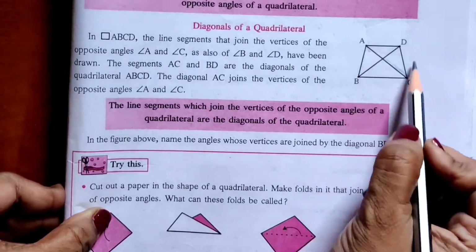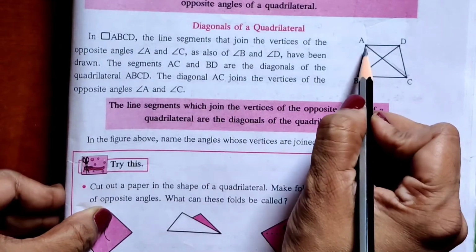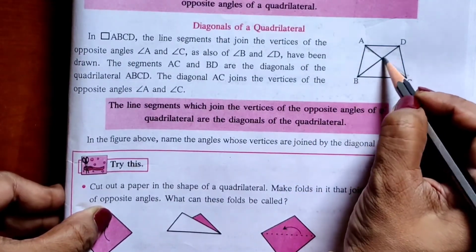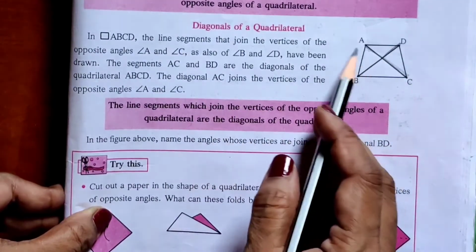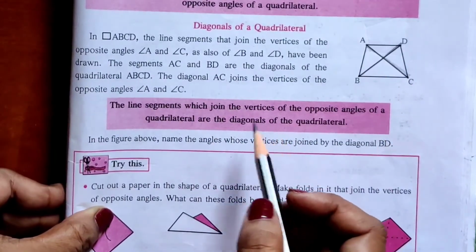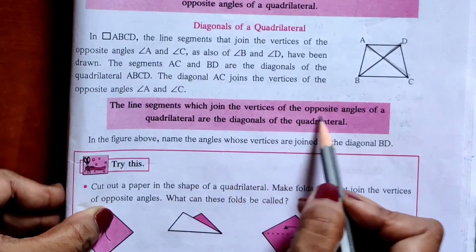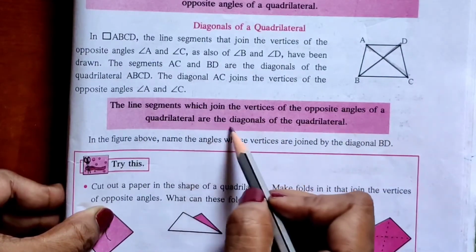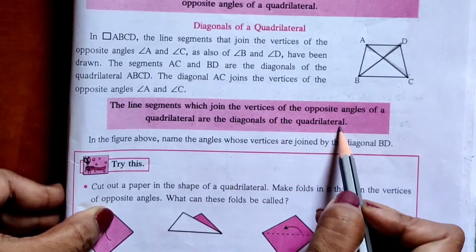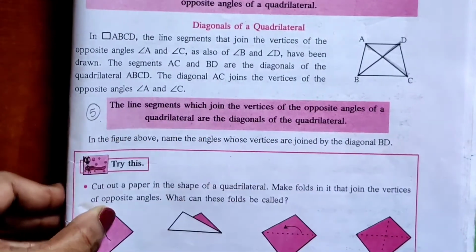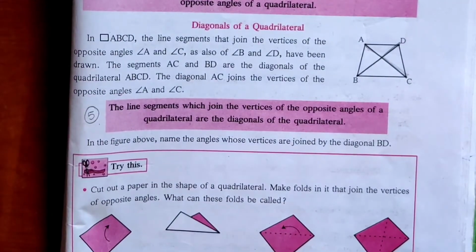In this quadrilateral ABCD, which two diagonals can we see? Diagonal AC and diagonal BD. These two are the diagonals of this quadrilateral. So line segments which join the vertices of opposite angles of a quadrilateral are diagonals of the quadrilateral. This is the fifth property, which is very important.